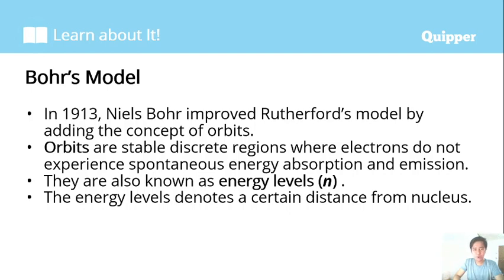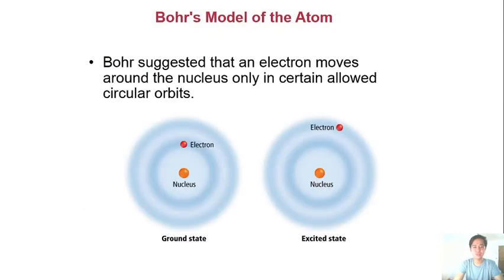When you say orbits, these are stable, discrete regions where electrons do not experience spontaneous energy absorption and emission. These orbits are also known as energy levels, where the energy level denotes a certain distance from the nucleus. So, in simple terms, Bohr suggested that electrons move around the nucleus in certain circular orbits.